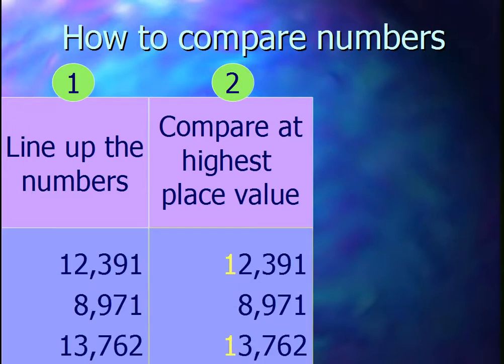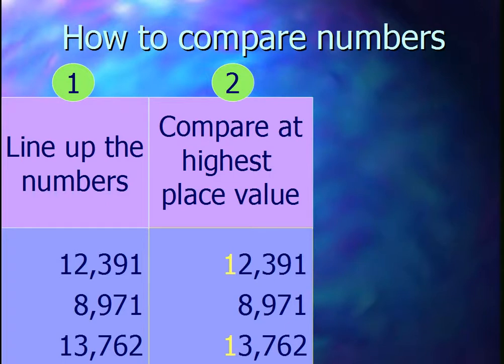So as you can see with our numbers here, 12,391, 8,971, and 13,762, we would start with comparing at the 10,000s place. Now, 8,971 does not have anything in the 10,000s place, so we're going to start with the two numbers that do have something in the 10,000s place.